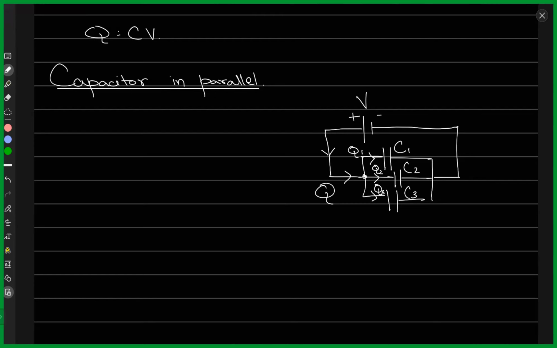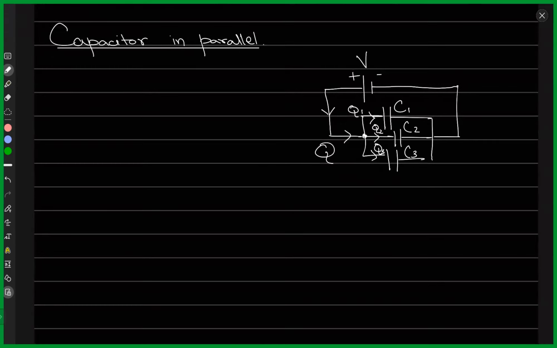Now we want to write down a mathematical equation that defines the total capacitance of this circuit. To do that, we'll use what you have studied in AS, Kirchhoff's laws. So we're going to use Kirchhoff's laws.